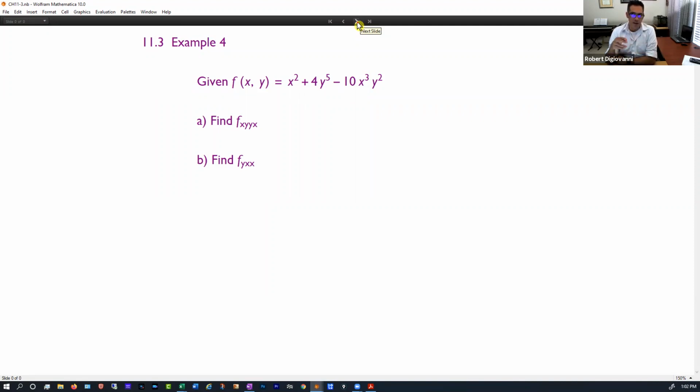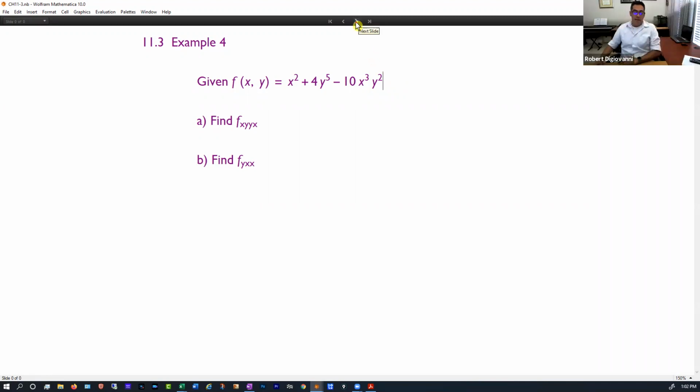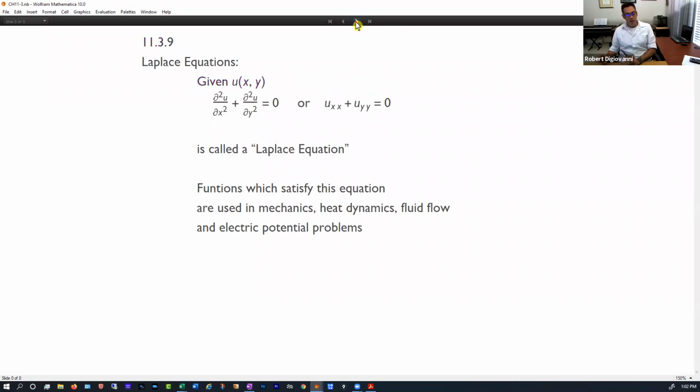Actually, we need two of the second partials to be continuous. In this case, because it's a polynomial function to start, all the derivatives will be continuous. But okay, moving on, we still need to finish up this section.